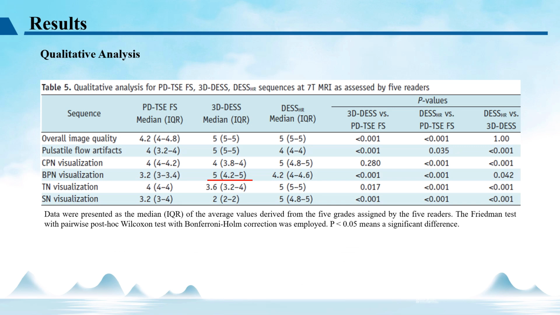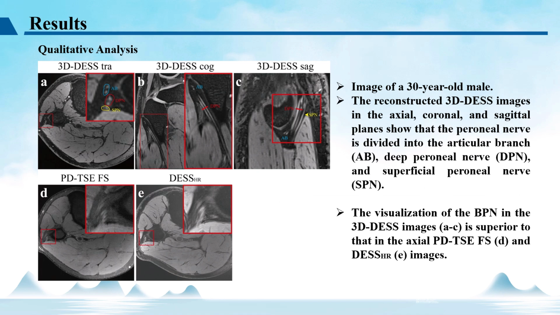However, branches of the peroneal nerve were better visualized in the 3D DESS sequence than in PD and DESS HR sequences. This figure shows 3D DESS images in the axial, coronal, and sagittal planes, showing that the peroneal nerve is divided into the articular branch, the deep peroneal nerve, and the superficial peroneal nerve.